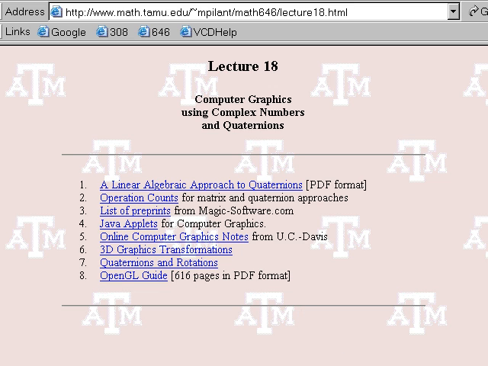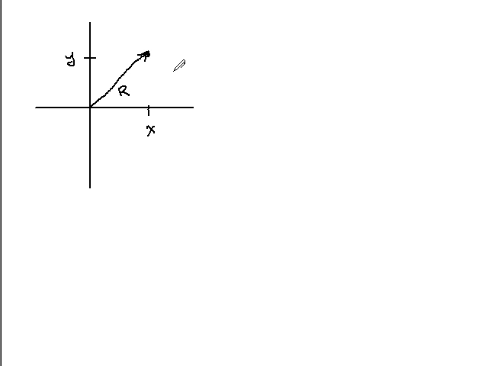If you remember, a complex number can be written in Cartesian or polar form. So if we have an axis here with a point xy, this is the standard Cartesian, and this is the distance r.